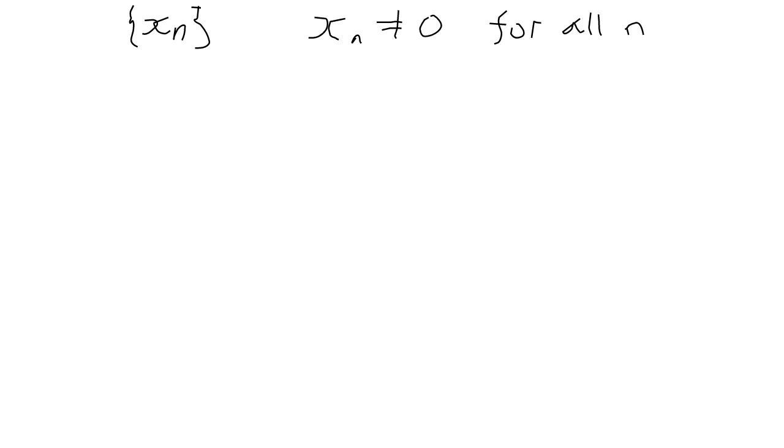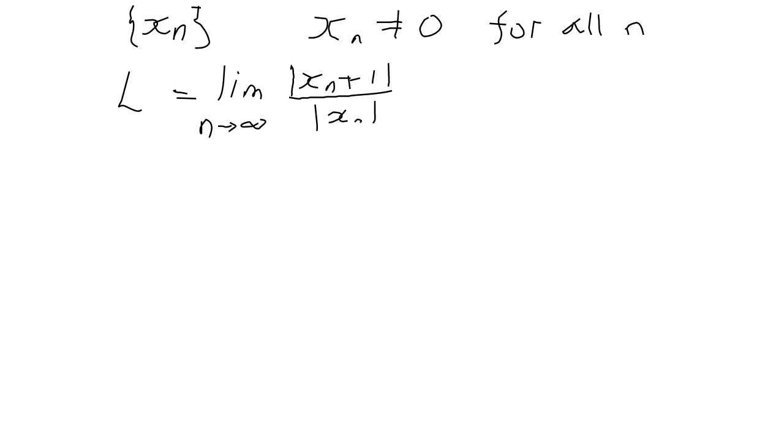And such that the limit L, sorry, is equal to the limit as n tends to infinity of the absolute value of x sub n plus 1 over the absolute value of x sub n, and such that the limit L exists.